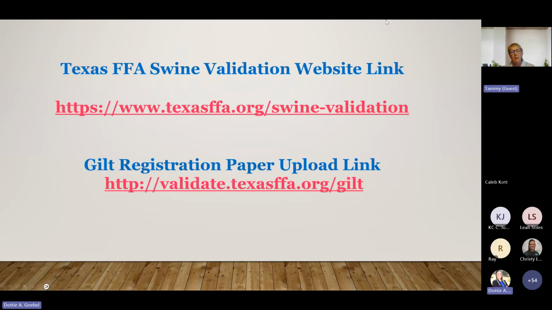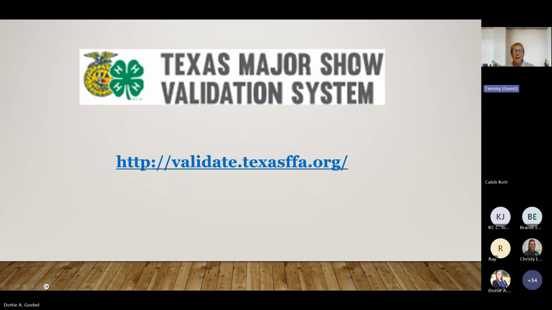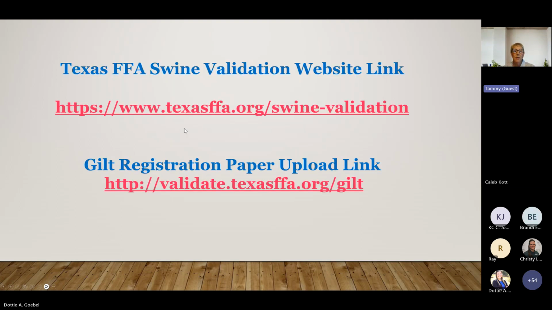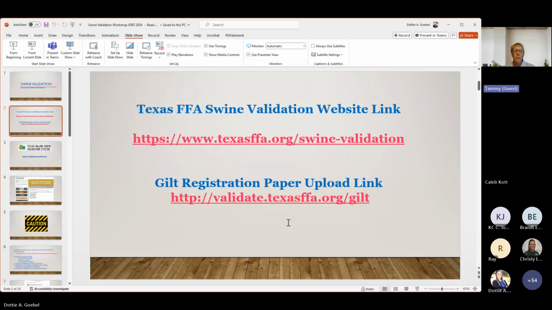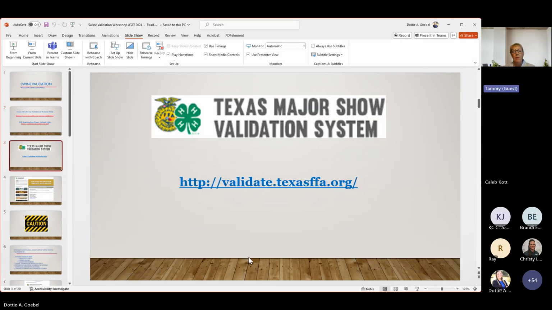So there's those links you were referring to. Here are the links that will take you to our website page and the guilt registration upload. And the next one, if you're a validation chair, on that next slide, Dottie, will take you into the portal where you need to input all the data and do your tag ordering.